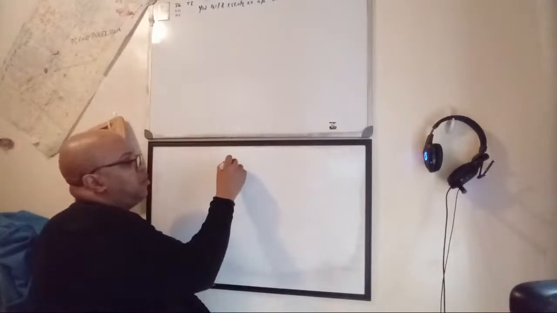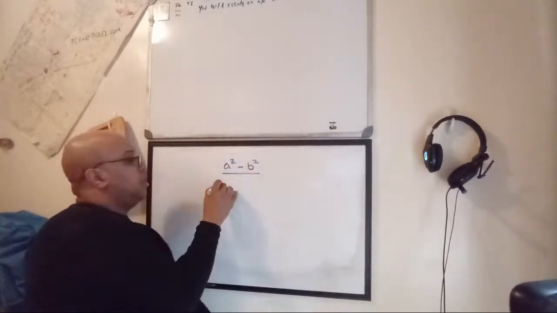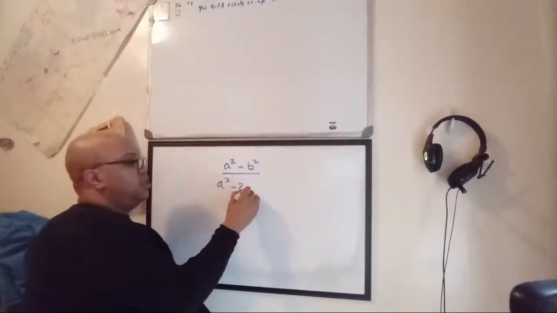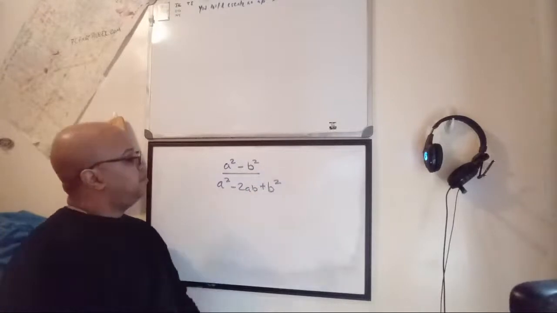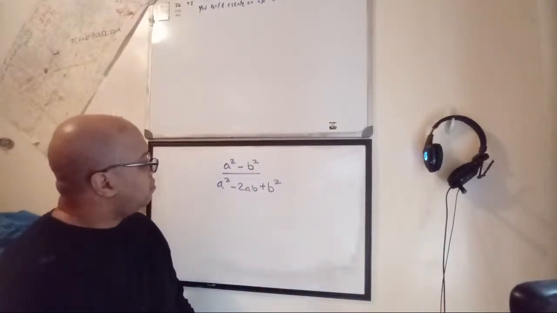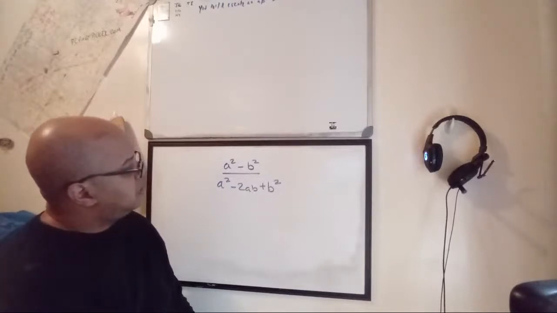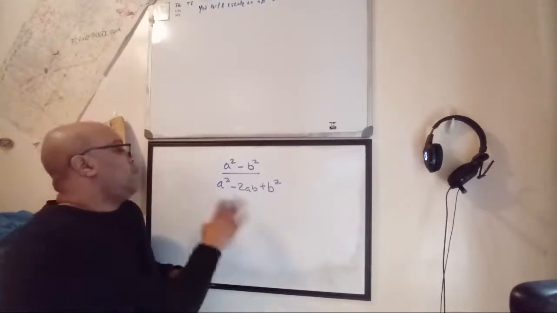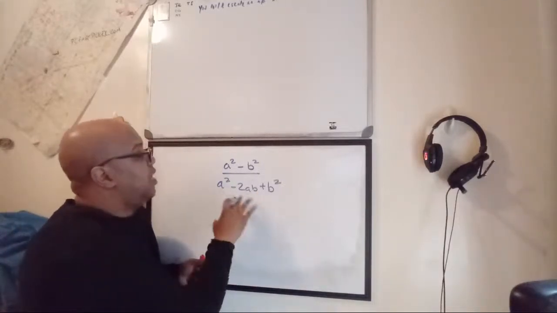So we started out with a squared minus b squared over a squared minus 2ab plus b squared. With this one, we FOIL, but what were the terms we put together to make this FOIL happen?